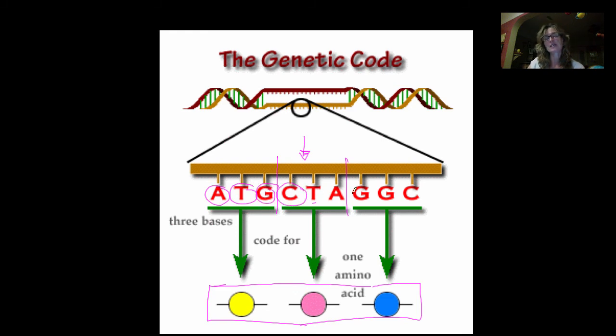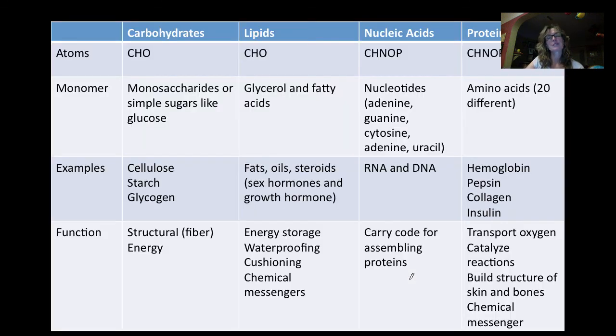So these nucleotides in DNA, the nucleic acid, are a code for assembling a protein. And so this is the connection between the DNA and the amino acid polymer called a protein.